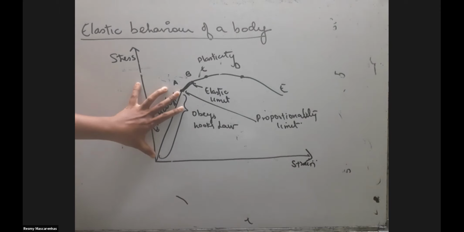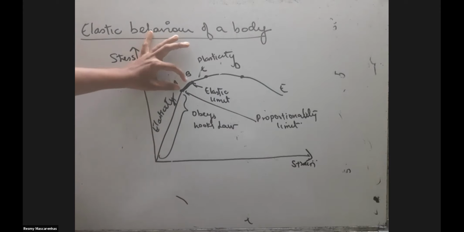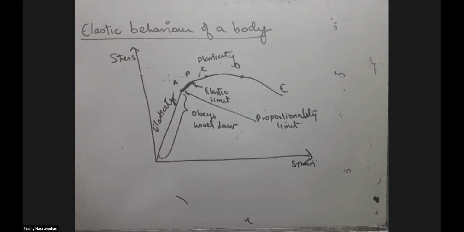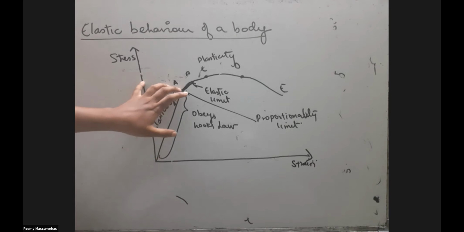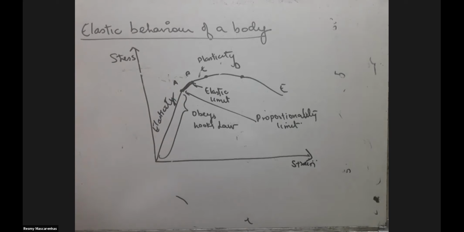It obeys Hooke's law. From here onwards, Hooke's law is not valid. From here to here, the moment you remove the stress, it will come back to its position. I'll give you the explanation of the graph point-wise.